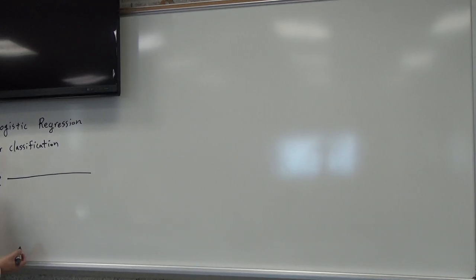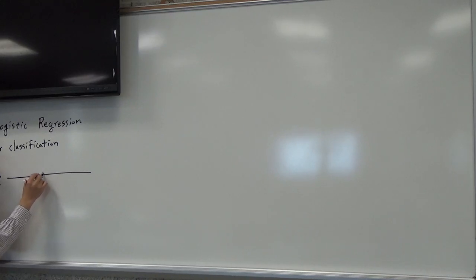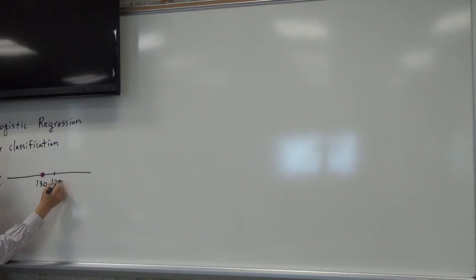So let's say there was some guy who had systolic blood pressure of 130, and then he did have a heart problem, heart attack. So, red. Okay. But then some people can have high blood pressure, like 135, and have no problem. Right?